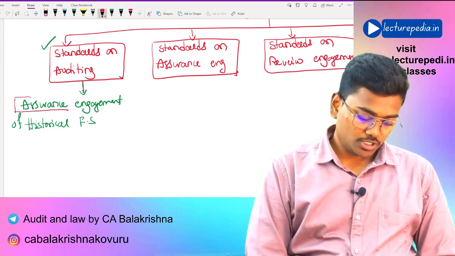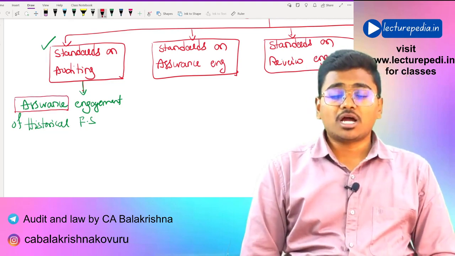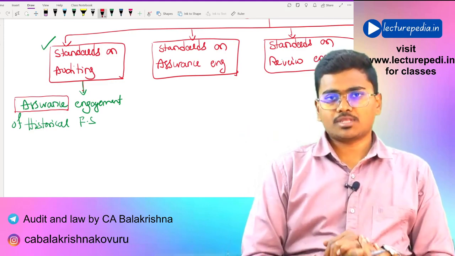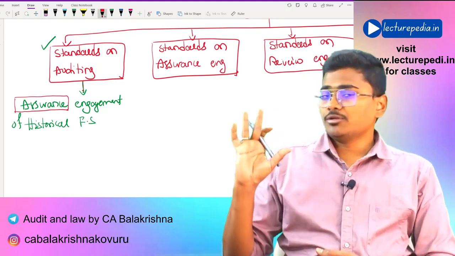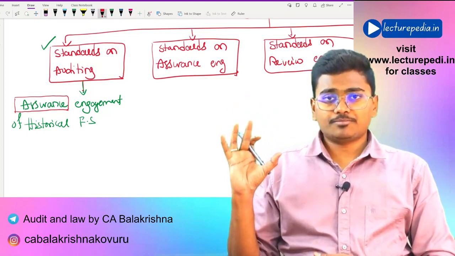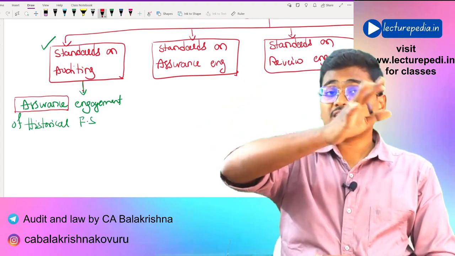What is meant by assurance? Basically, the term assurance means giving confidence. Management will prepare the financial statements, and those financial statements will be used by various users.